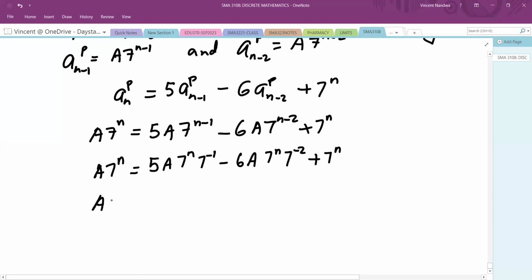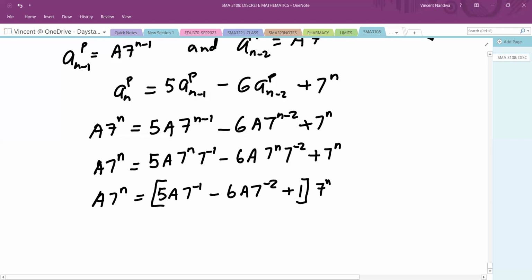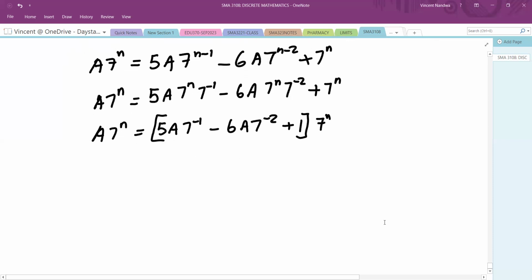So I have A times 7 power n equals 7 power n times (5A times 7 power minus 1 minus 6A times 7 power minus 2 plus 1). This equality is only true when the coefficients of 7 raised power n are equal on either side.